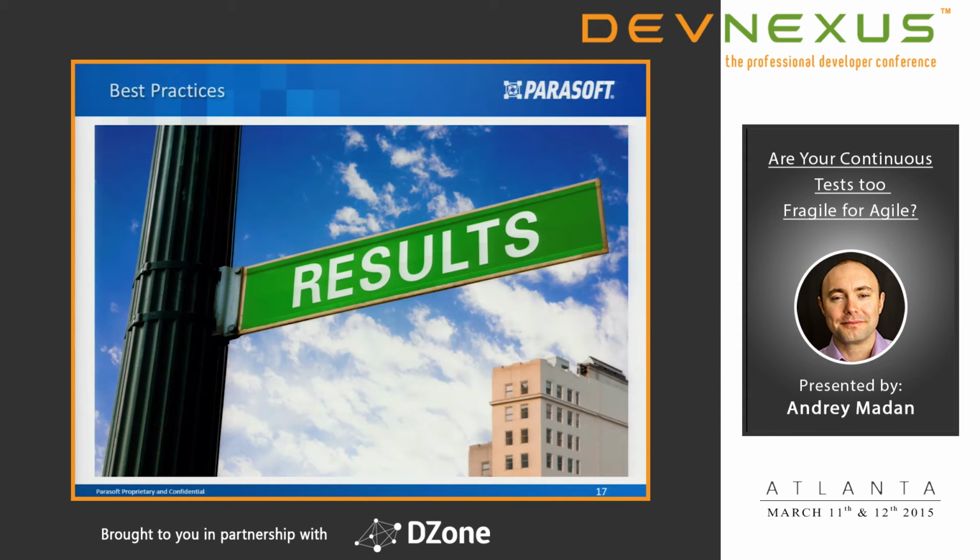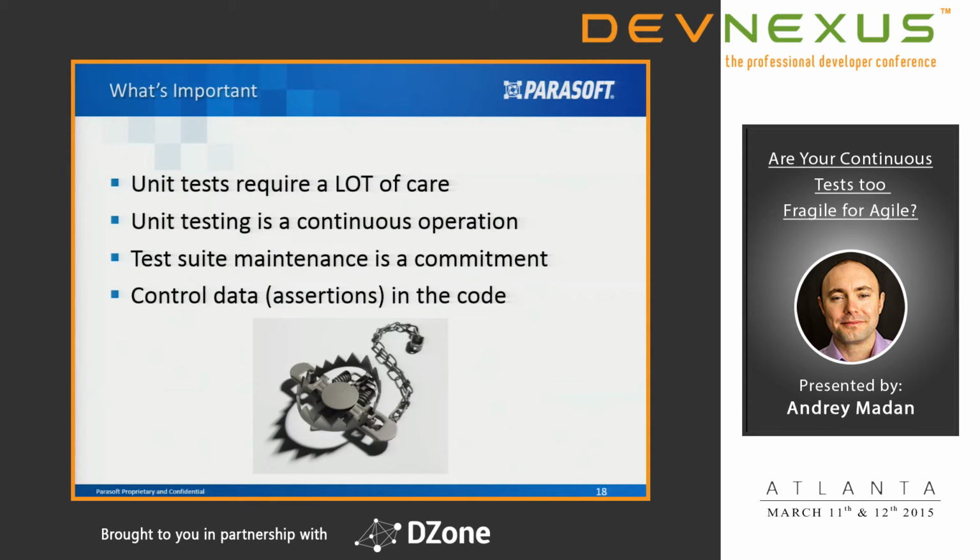All right, so some of the best practices I'm going to share with you. And again, feel free to chime in. Unit tests, oh my God. They are a pain in the butt to maintain. Because the second you change the code, chances are that you broke your unit test, even though it was a valid change in the code.